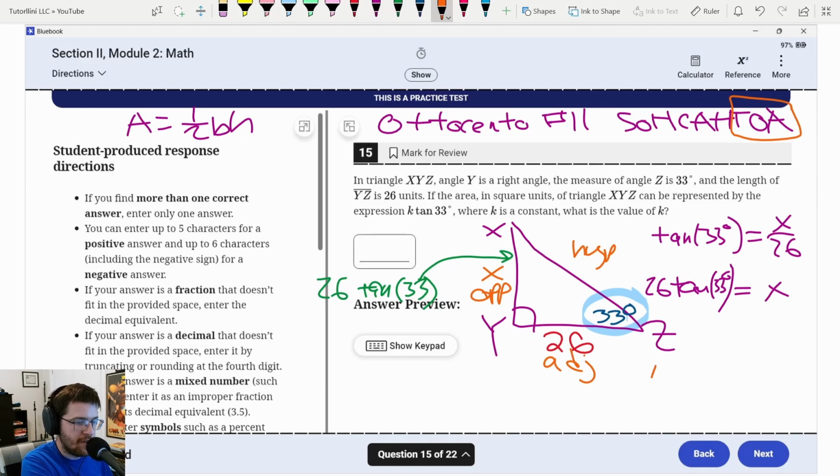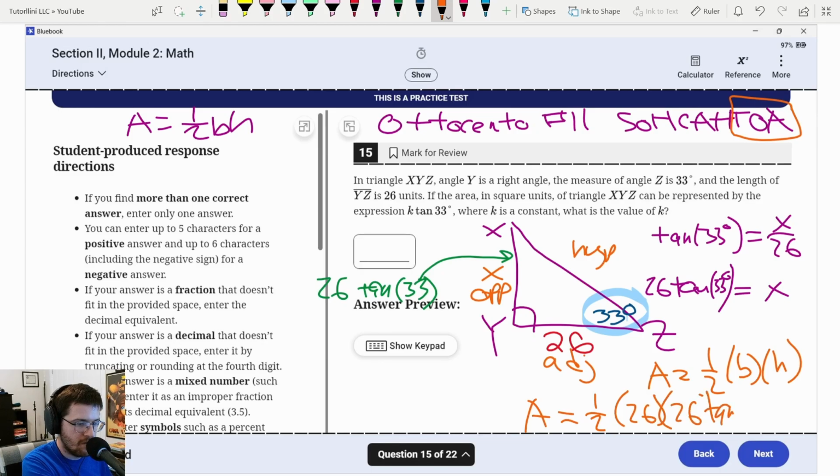So I'm going to do area equals 1/2 base times height. So the base is 26 and the height is 26 tan 33. And let's see, we can clean that up a little bit. So tan 33 is just tan of 33. So I've got 1/2 times 26 times 26.